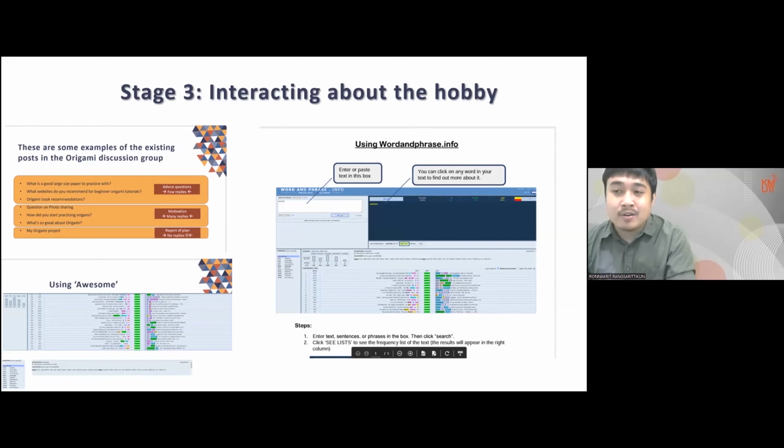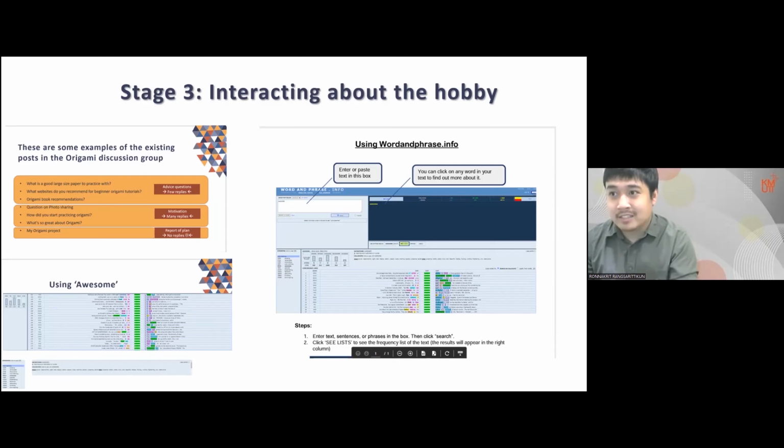We also use wordandphrase.info. For those of you who are not familiar with it, Word and Phrase is a website that can analyze text in different ways. For this course, we want students to analyze how people interact with other hobby enthusiasts.